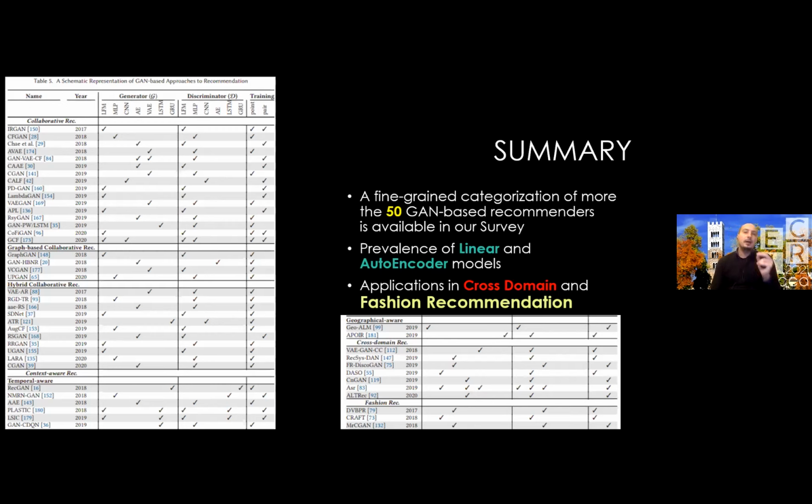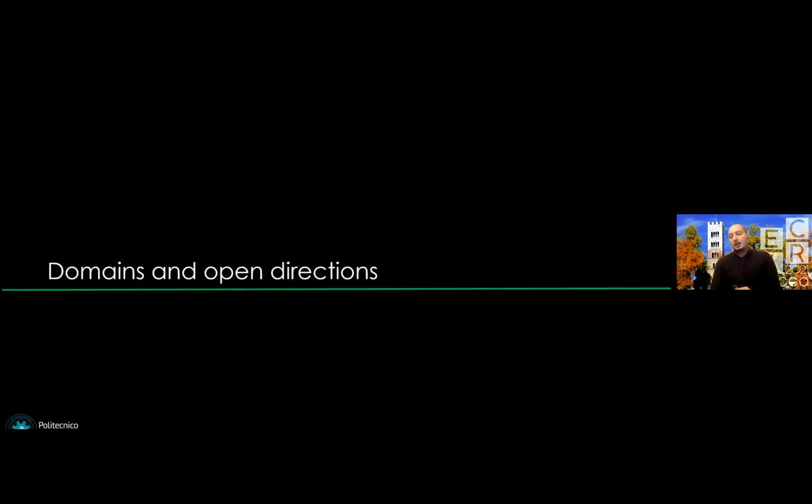And among the artificial neural network models, we have a prevalence of autoencoders and variational autoencoders. For what concerns the tasks, the majority of the works focus on cross-domain and fashion recommendation.